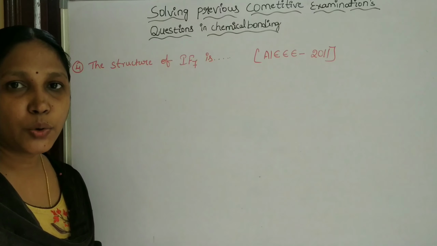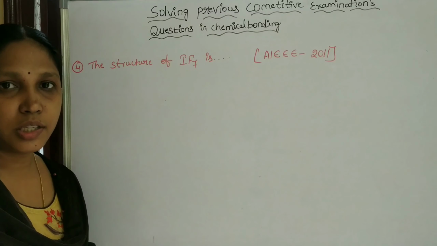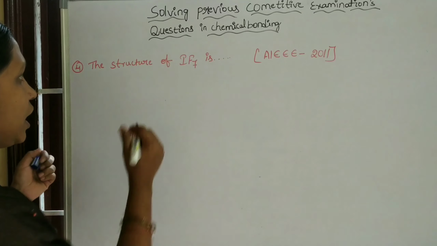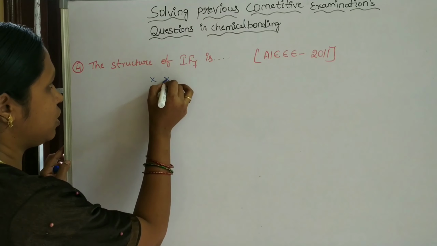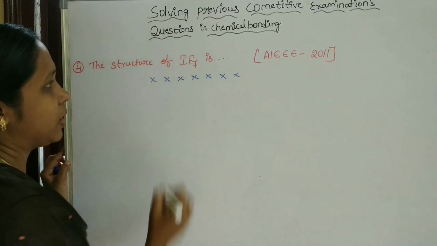Iodine belongs to which group in the periodic table? 7th A group, so it has 7 valence electrons. Take 7 crosses: 1, 2, 3, 4, 5, 6, 7.